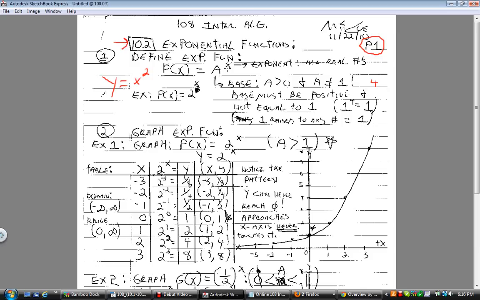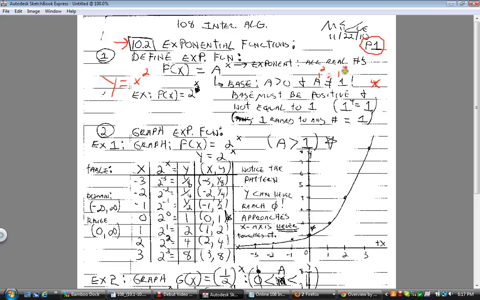We're now going to deal with the x being up in the exponent. A couple notes here: the base needs to be greater than 0, and the base cannot be equal to 1. What you want to keep in mind here is that if a were 1 and I raised it to a variable, x could be 2, or you could have 1 taken to the 4.